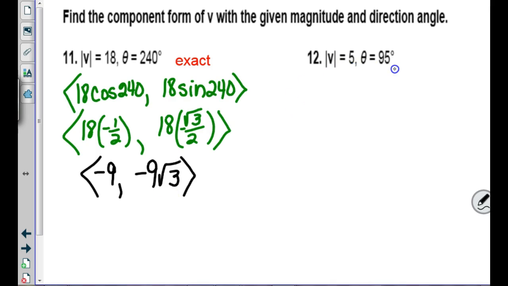What if it's one you can't do from your unit circle? Yep, just type 5 cosine of 95, 5 sine of 95.